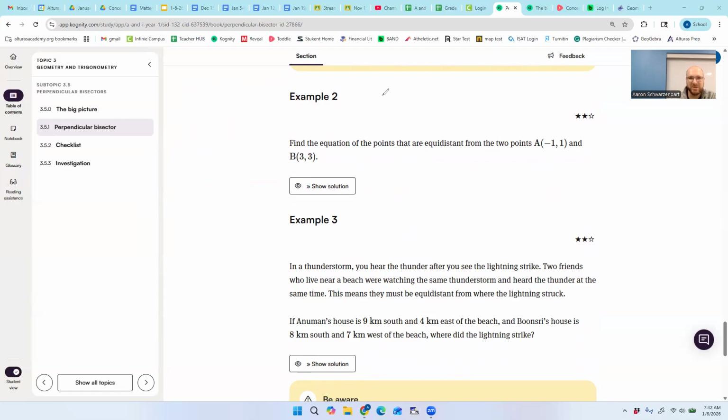The midpoint is halfway between negative 1 and 3, which is 1, 2. That's 1/2. The perpendicular is then negative 2.